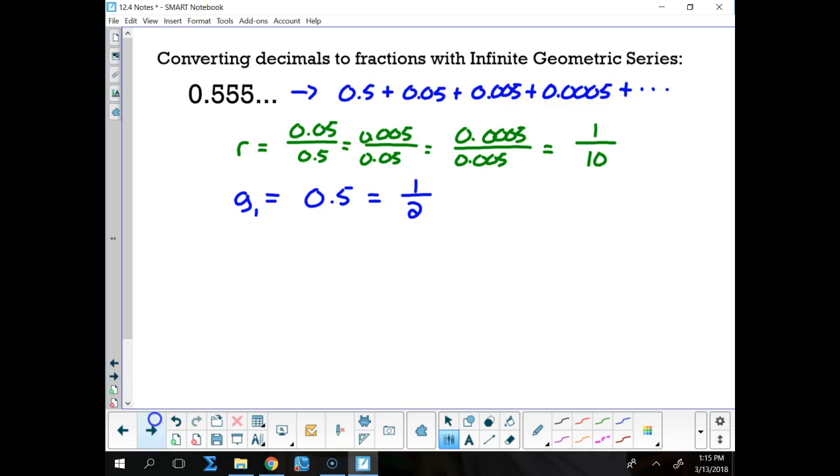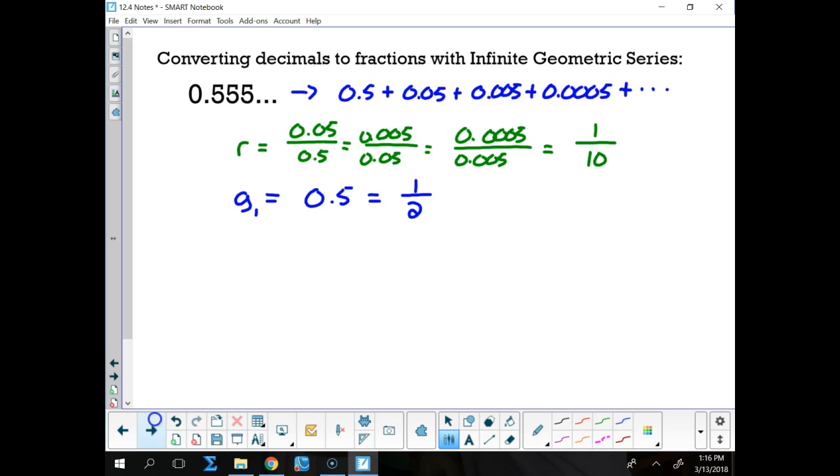And the reason I'm going to write that as a fraction is because I want to find a fraction in the end. I don't want decimals today. Okay? Because we want to convert these decimals into fractions. So if we're going to be in fractions at the end, we should be in fractions all the way through.